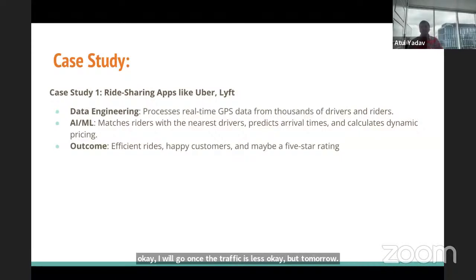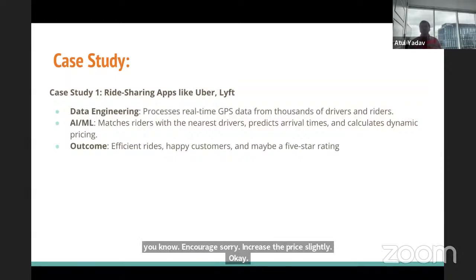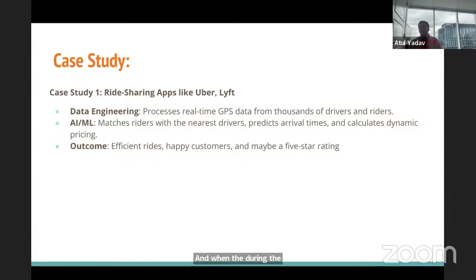they increase the price slightly. And during the quiet periods, when there is less traffic, prices are lower to attract more riders. They have to balance that again.